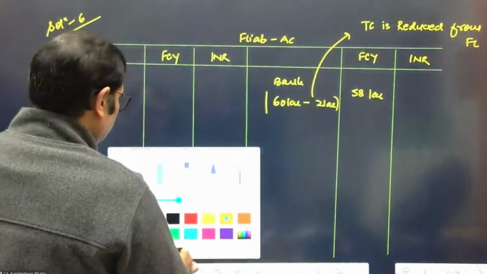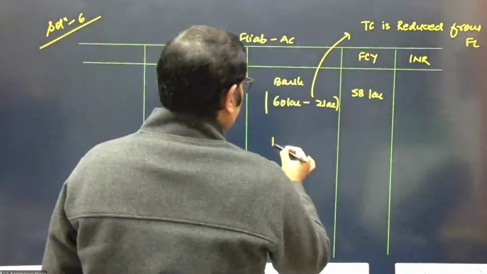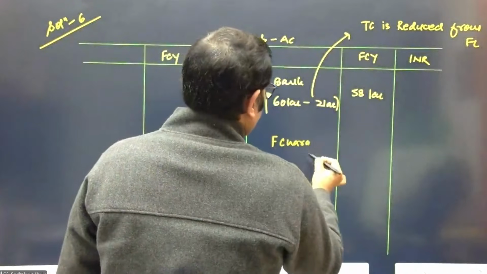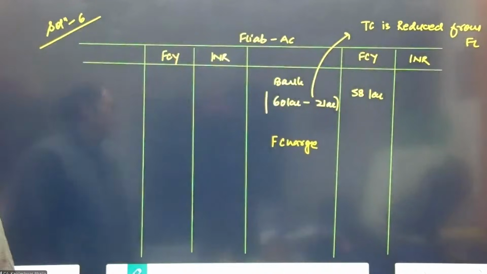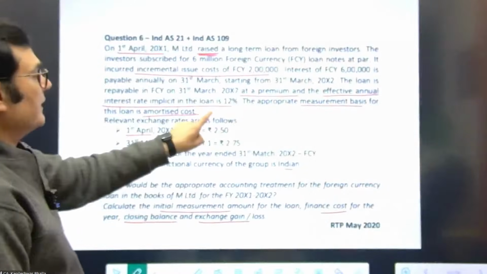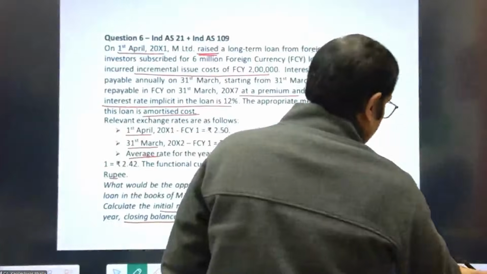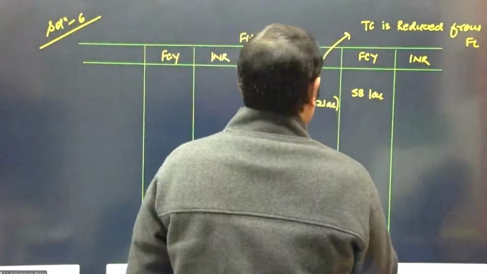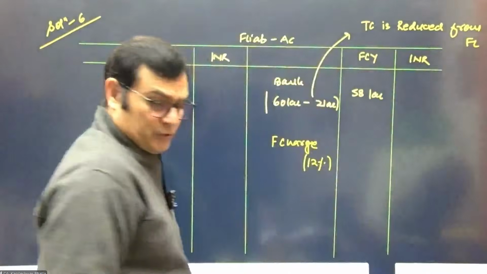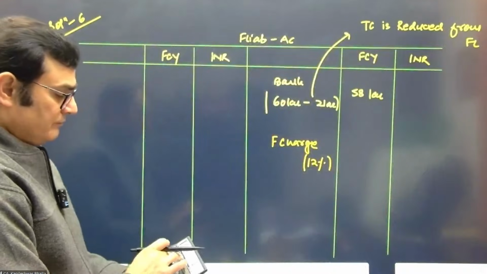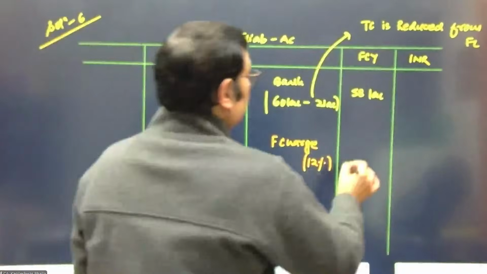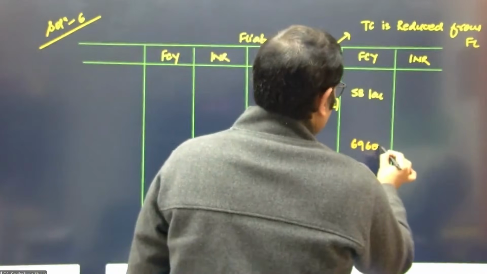And then we need to make the finance charge due. Can I say this will be at the effective interest rate itself? Yes, sir. That's right. So my EIR is at the rate of 12%. So let's take a 12% finance charge on this: 6,96,000.